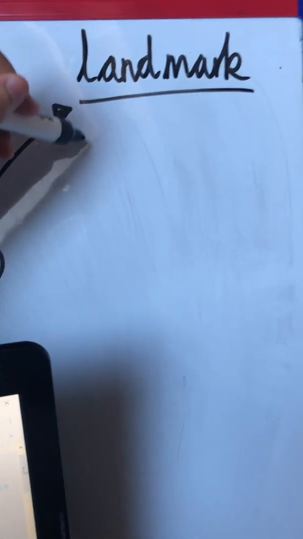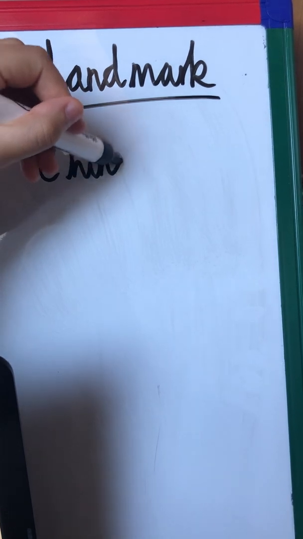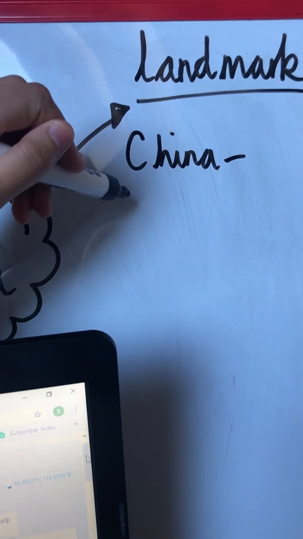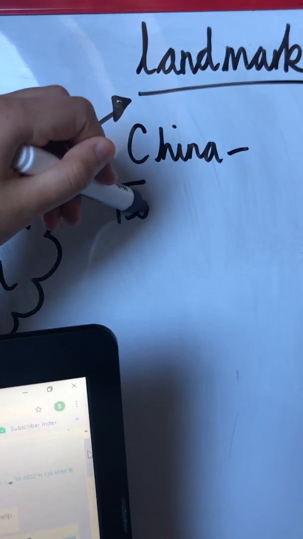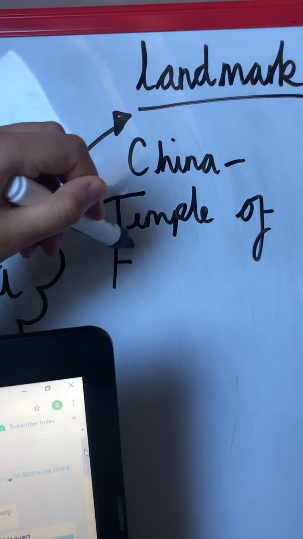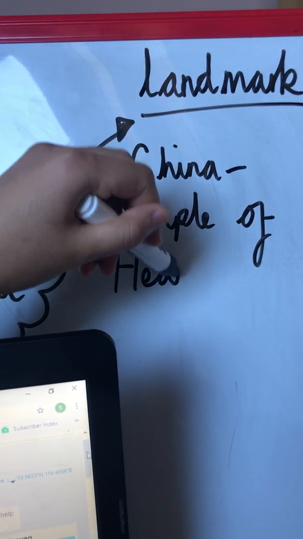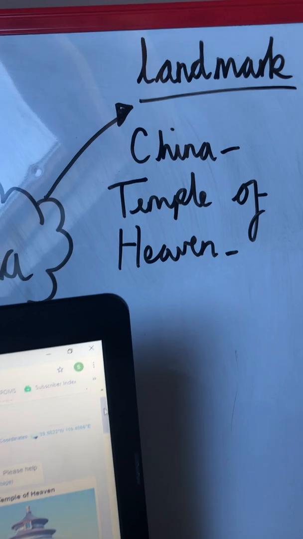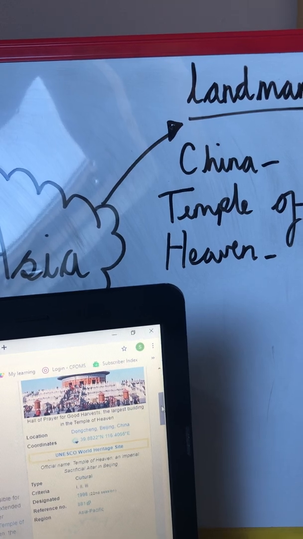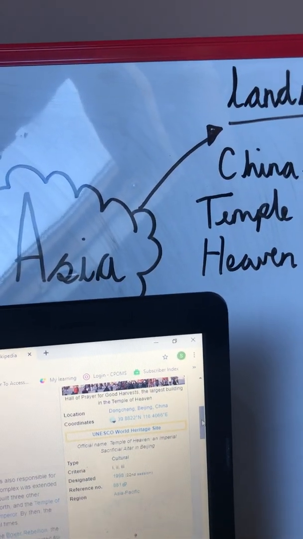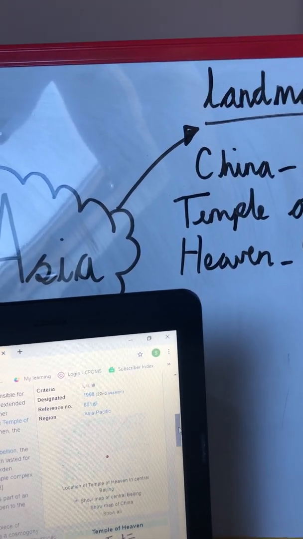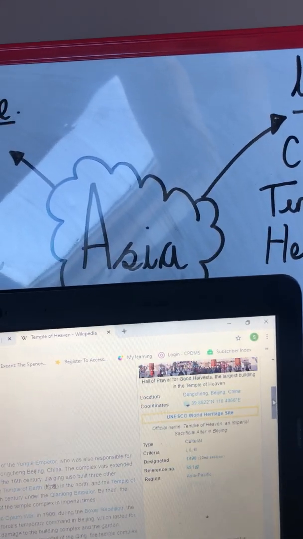I'm going to write China, because that is a country in Asia, and I'm going to write a fact about that Temple of Heaven here, okay? And I will be adding on to this. Like I said, I'm just going to find some information about it and then add it on to my mind map, okay? Keep this mind map, because this mind map's going to help you on your Friday, right?